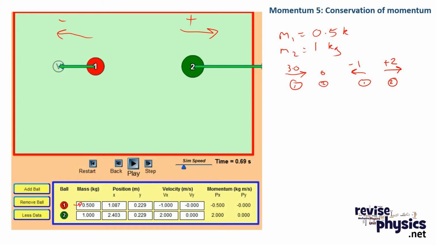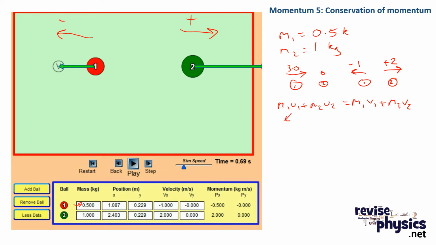And we know from conservation of momentum that if this is allowed to take place, m1u1 plus m2u2 has to equal m1v1 plus m2v2. Is that the case?